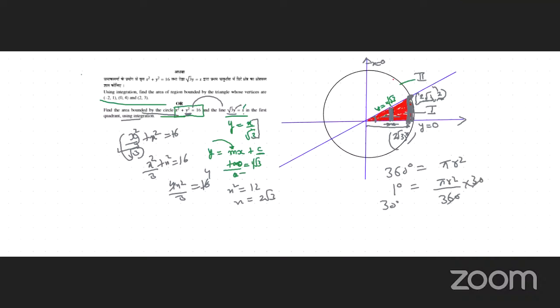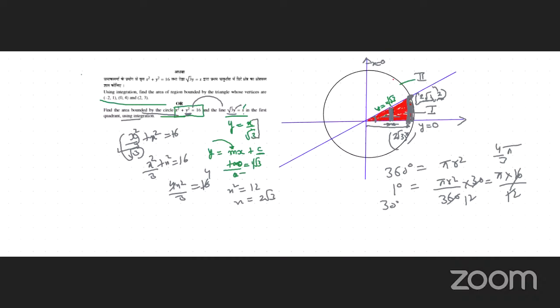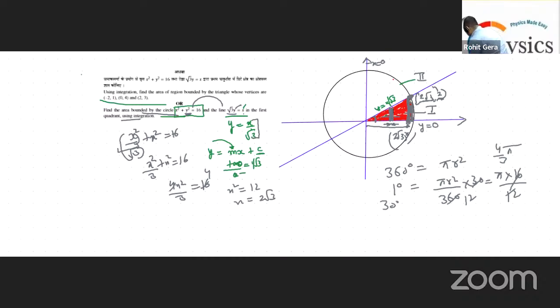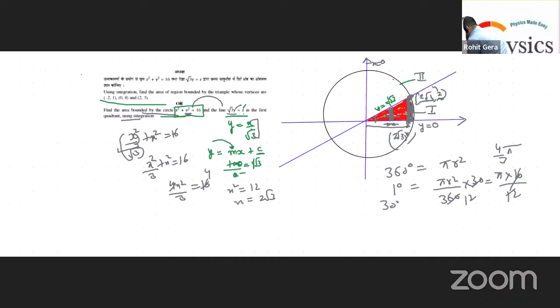So pi into 16 by 12, 4 by 3 pi is the answer. But that is using the knowledge of circle and area, which is not the correct method to use. Not allowed actually.